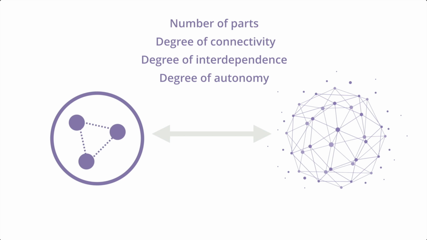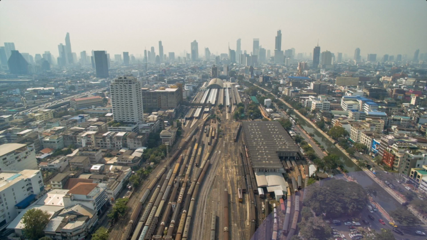So when you see a system that has all those properties, you can call it complex. And if you look at all the complex systems we'll talk about during this presentation, or out there that you see in the world, they'll have those features. Many parts, interconnected, they're interdependent and relatively autonomous.